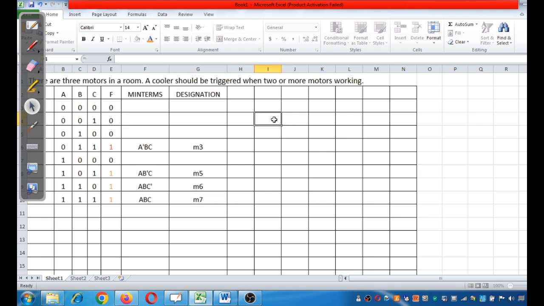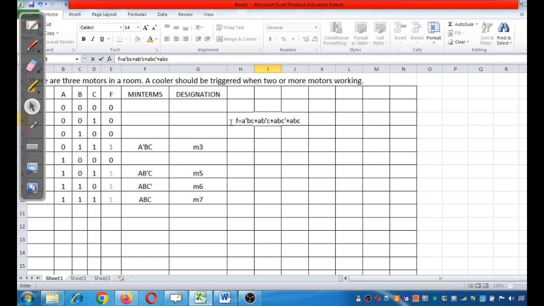Then I can write the Boolean function as F equal to A prime BC or A B prime C or A B C prime or ABC.